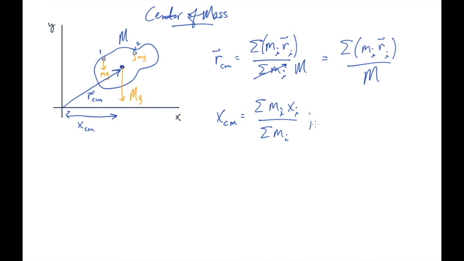And the same thing for the y component. If you want to know how far up this way the center of mass is, y_cm, it is just the sum of m_i y_i over the sum of the masses. Okay, so that's one thing we need.